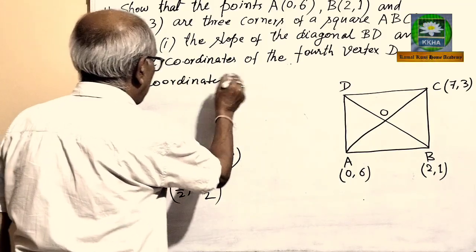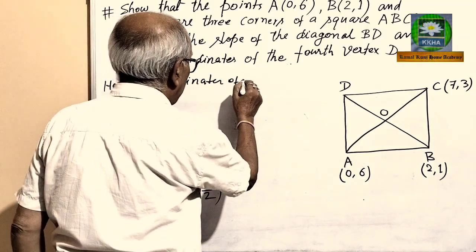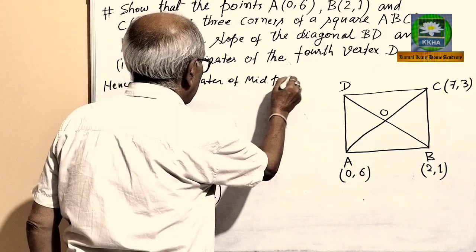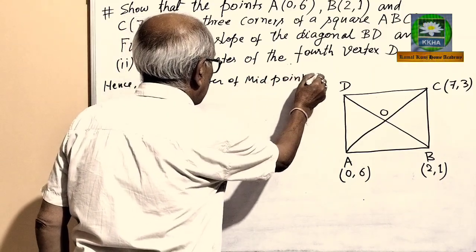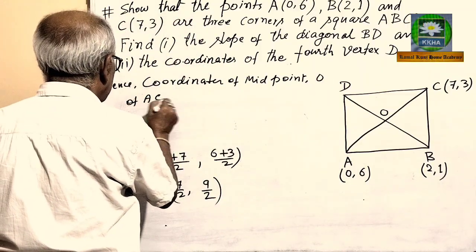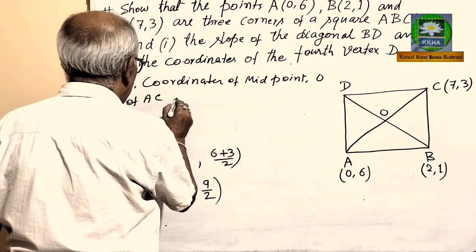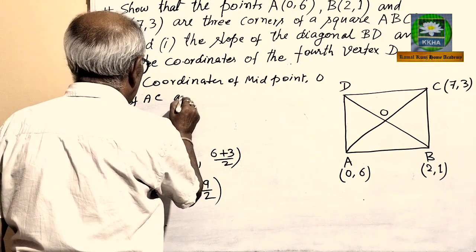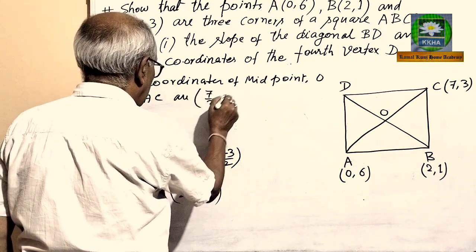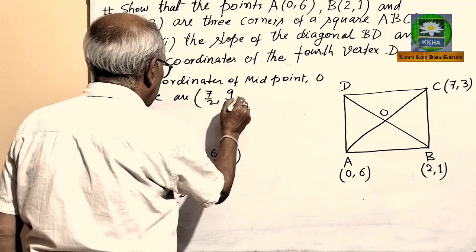Coordinates of midpoint O of AC are 7/2 and 9/2.